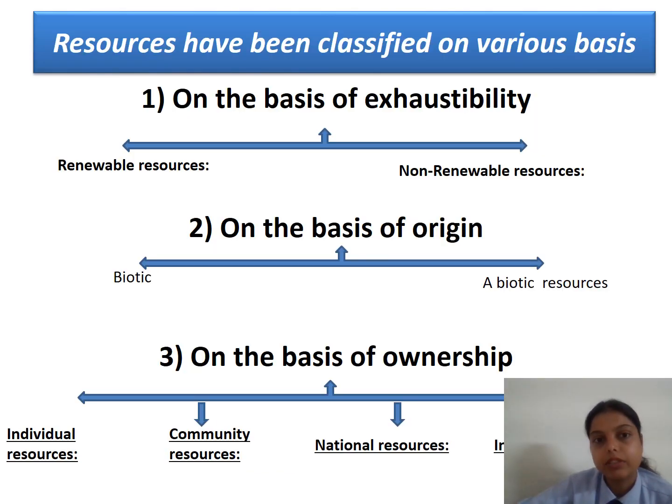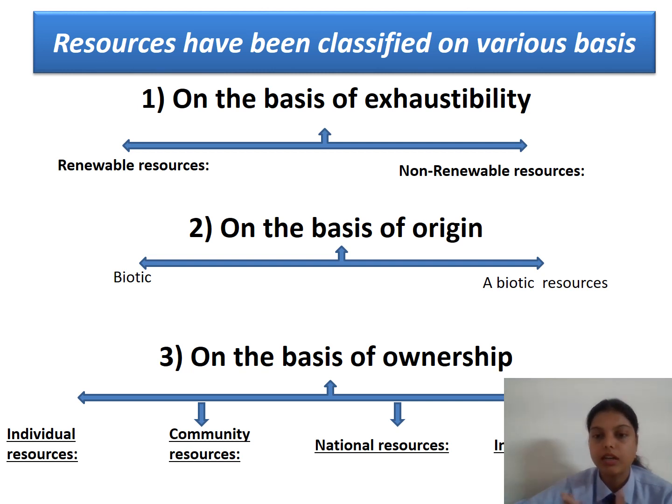Further, the resources have been classified on various bases. On the basis of existability, we have renewable and non-renewable resources, which we can study in our further slides. Next one is on the basis of origin.